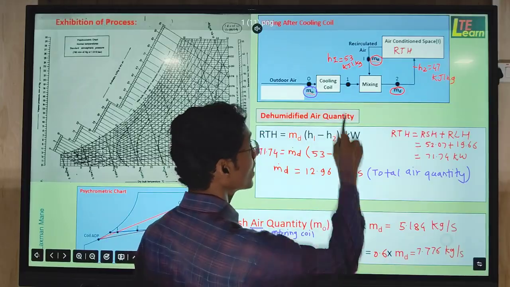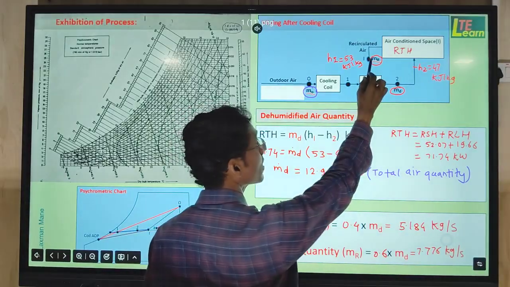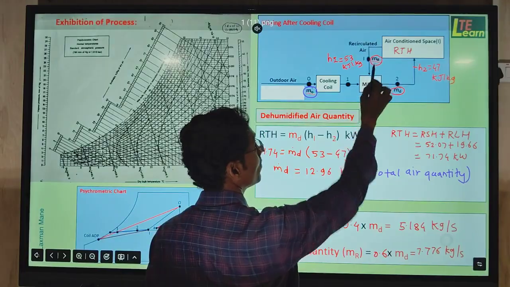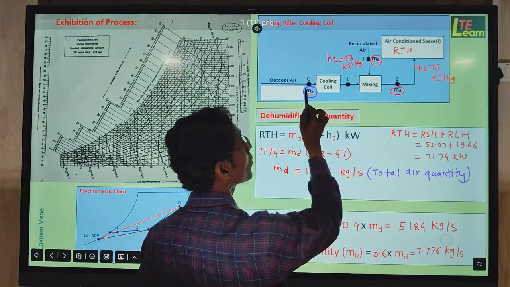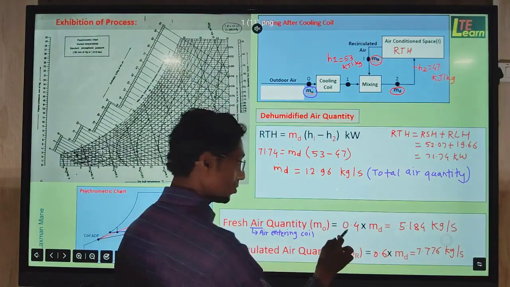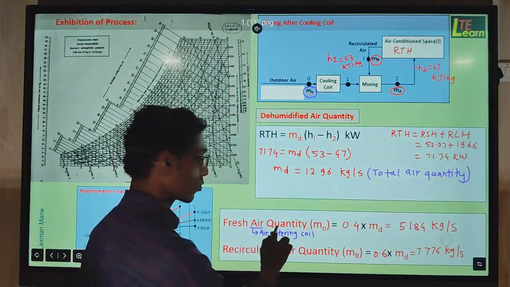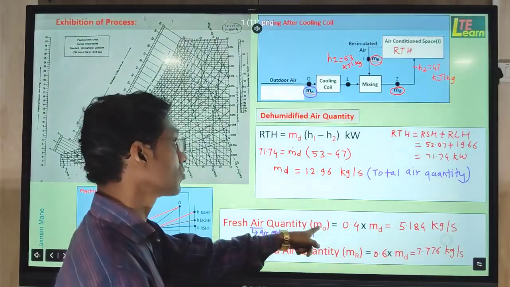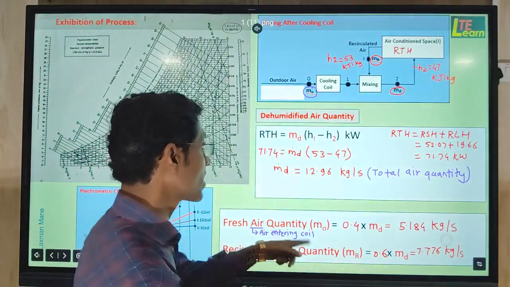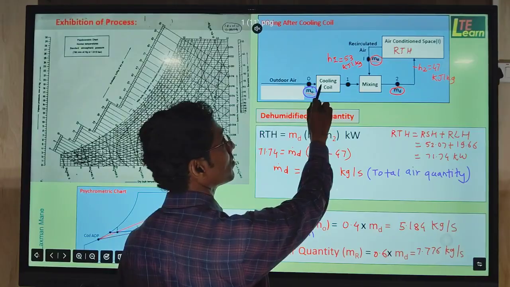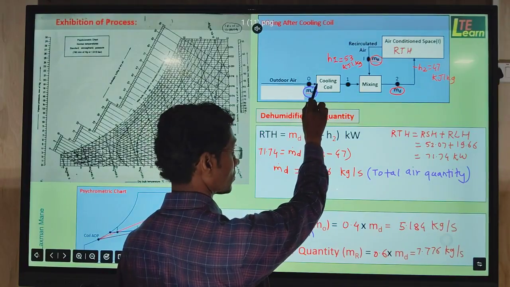In the numerical we are given recirculated air percentage 60%, which means outside air percentage will be 40%. So we use 0.4 here. Thus we get this fresh air quantity. Now this fresh air quantity m dot o is the air entering the coil, which is shown here.